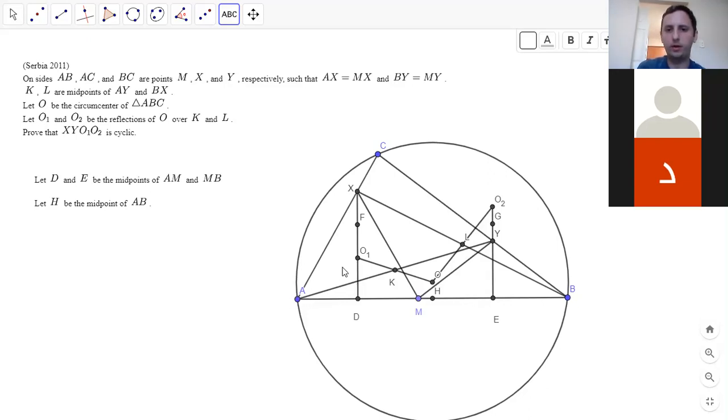So AO1, YO is a parallelogram. Trying to think, what's the most elegant way to explain this?